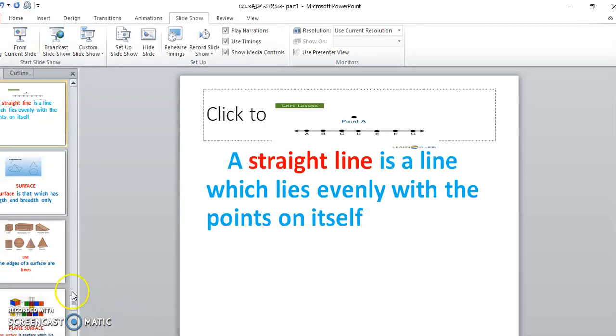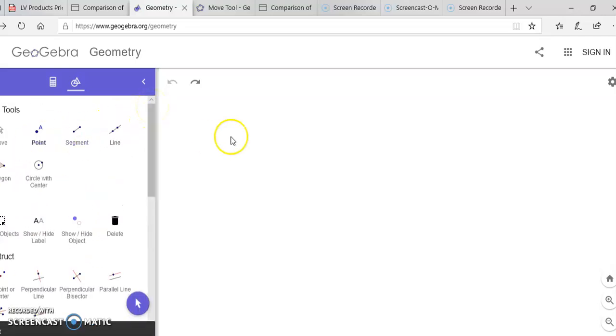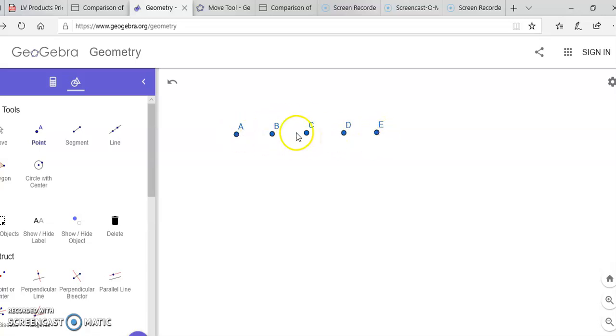Okay, in the next definition, Euclid defined a straight line. Let me draw a straight line through points here. I am going to take some points here like A, B, C, D, E. Can I join these points through a line segment?